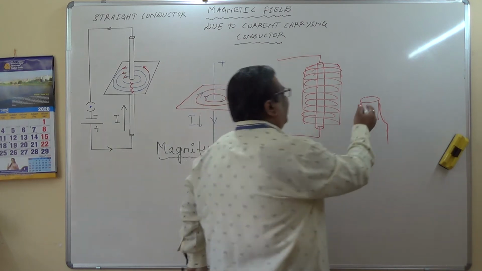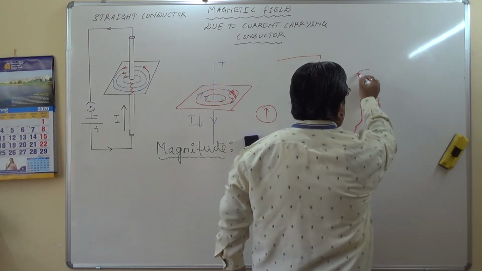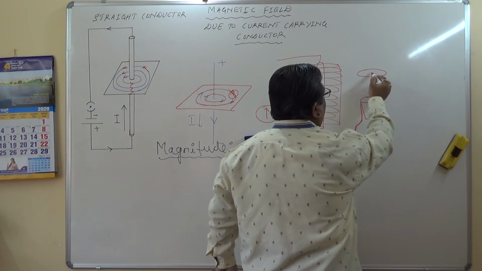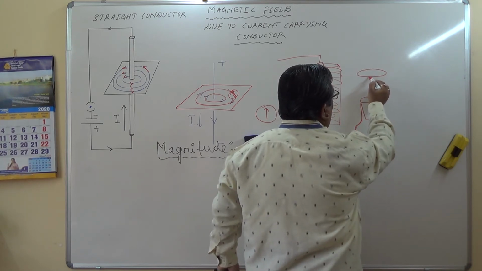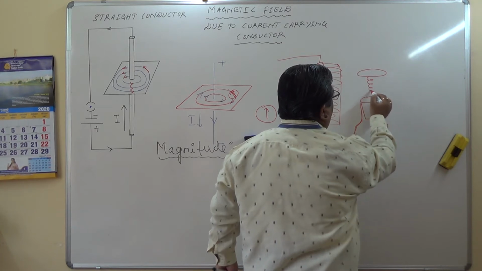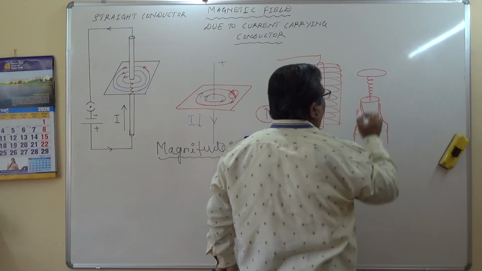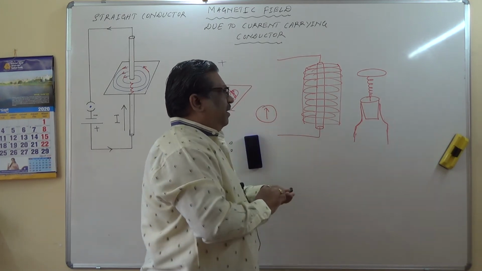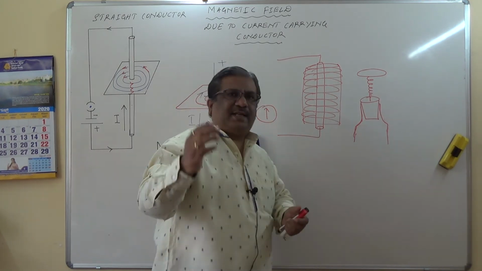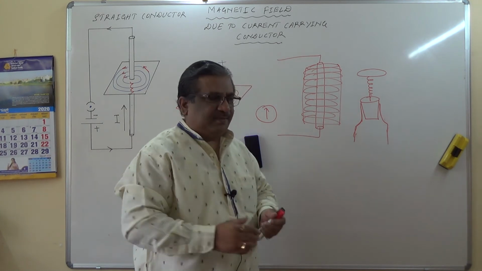So there is a Maxwell's screw rule. What it talks about is, suppose this is a screw here. This is a screw over here. What does this Maxwell's screw rule talk about?